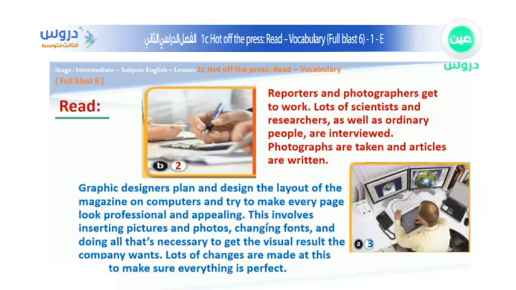This includes putting pictures and photos, changing fonts, changing how the text, how the words look, and doing all that's necessary, all that is important to get the visual result the company wants. Visual is what you see. They put pictures, they change how the text looks to give you a good result, to see. Visual means to see. Lots of changes are made at this stage to make sure everything is perfect.